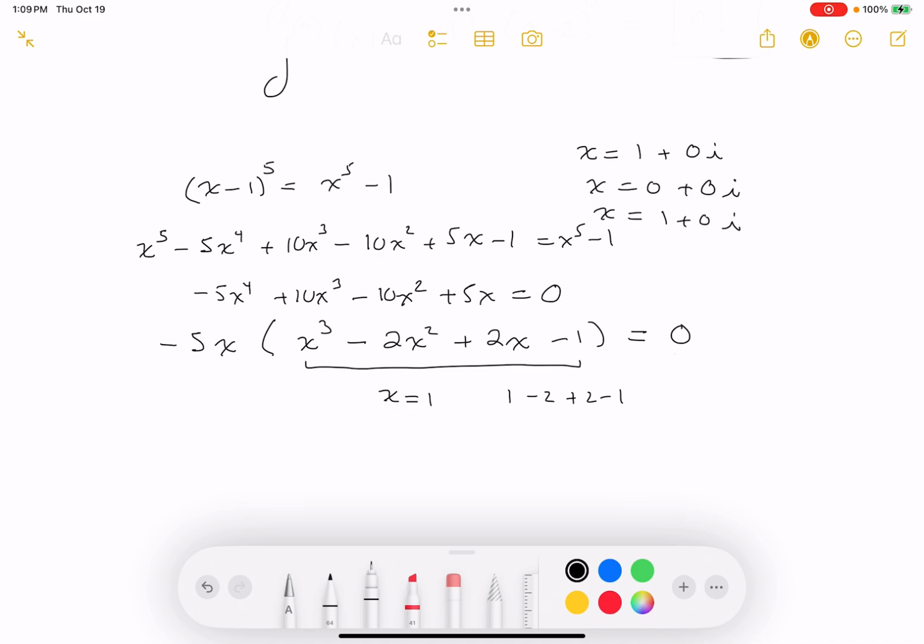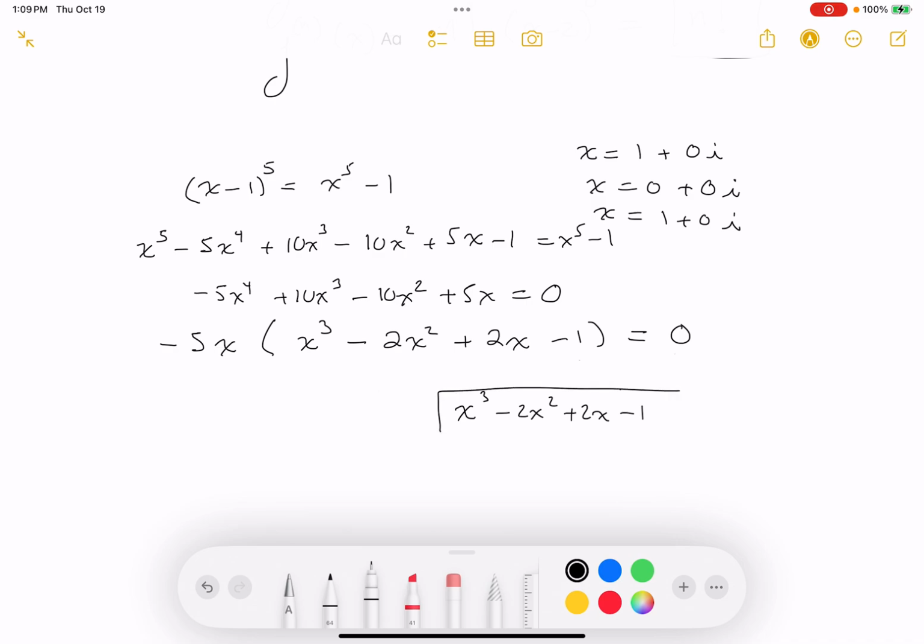All right? Now, how are you going to get the other roots? Well, I'm going to work with that knowledge now to get 2 more roots. And what I'm going to do is long divide that cubic polynomial by the factor that produced the root 1. Let's put this down: x cubed minus 2x squared plus 2x minus 1.